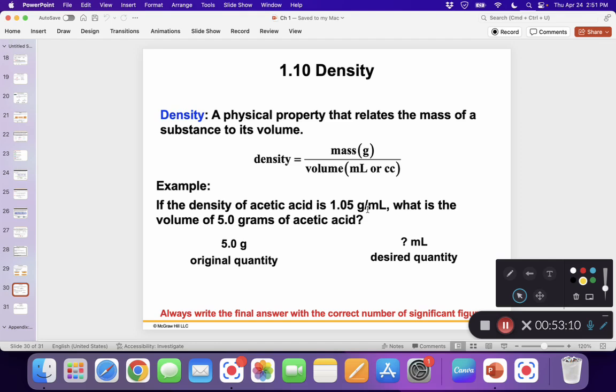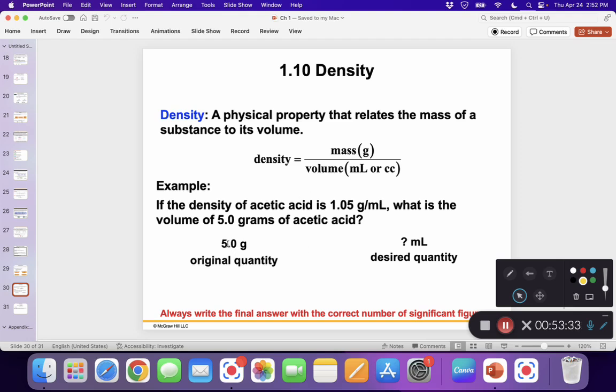The grams will cancel out and then you will have ml left. So when you do that, 5.0 gram times 1 ml divided by 1.05 gram, the grams will cancel out. And your calculator will give you 4.76 as your answer.